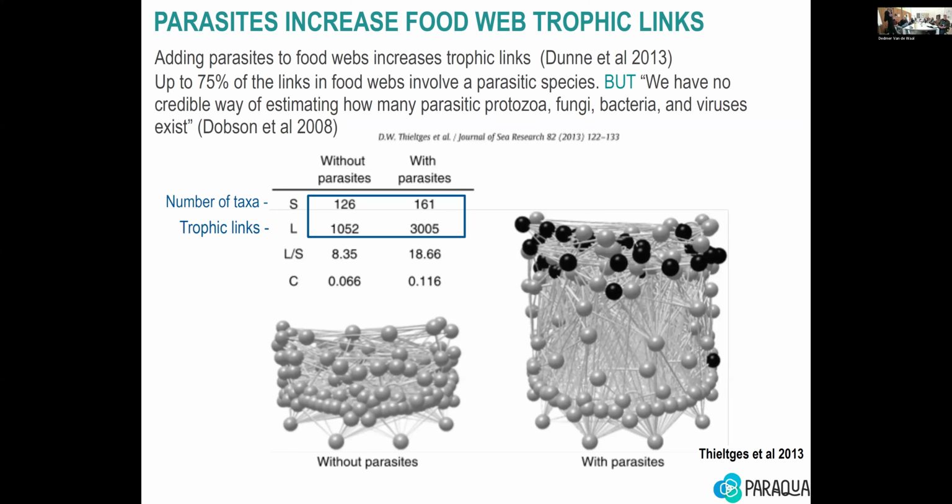Adding parasites increased the trophic links by threefold, as estimated in this work, because as I said, parasites are not only consumers, they also get consumed, so it adds quite a lot of complexity. What I also want to add with this slide is that these studies, conducted quite a few years ago, did not estimate the number of parasitic protozoa, viruses, fungi and bacteria.